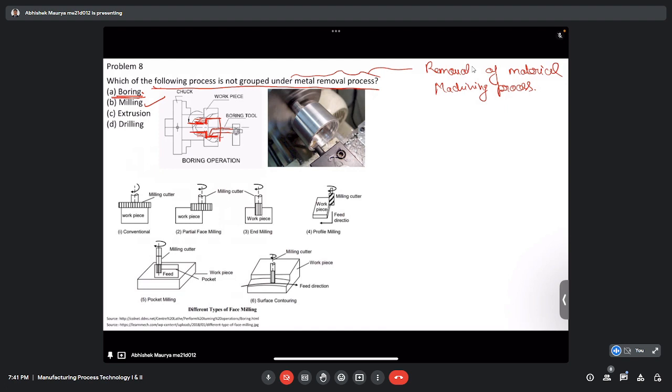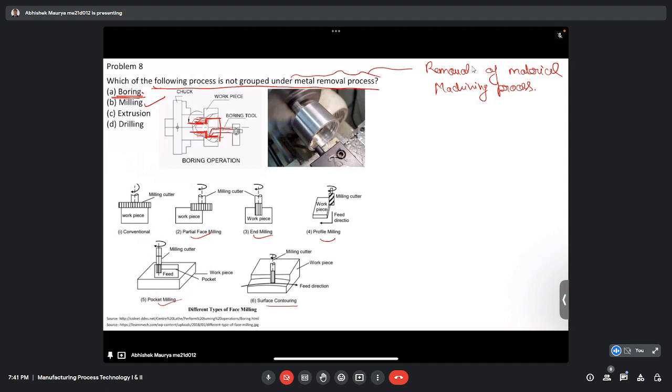Based on the different situations, there are lots of types of milling operations: face milling, end milling, profile milling, pocket milling, surface contouring. These are a few examples. But the final aim is to remove some material in order to get the required surface geometry.